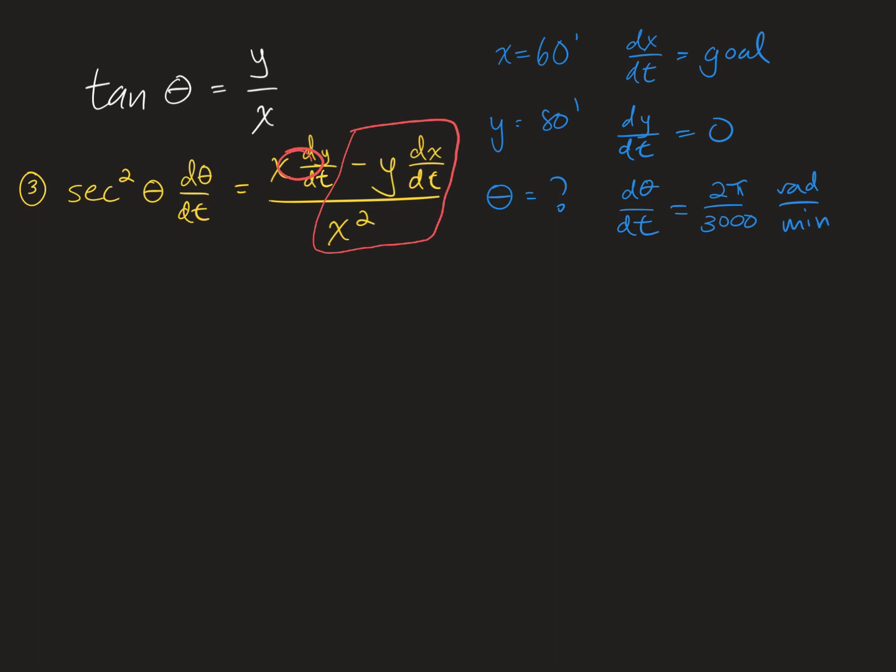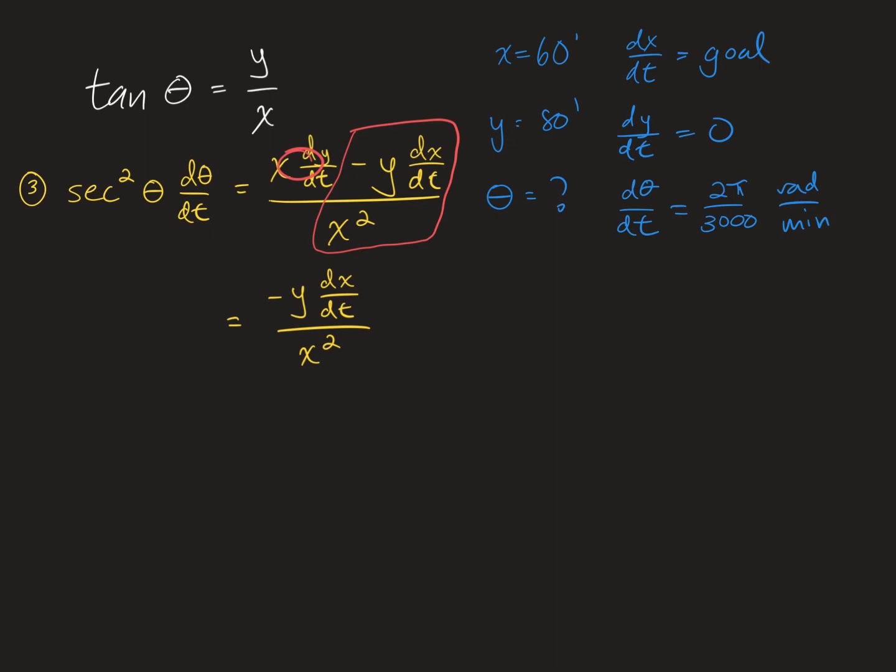While I write that out, I want to tackle that secant squared on the left side at the same time. Now we don't know what this angle is, but we can figure out what the secant of that angle is, and that will be equal to the hypotenuse over the adjacent side.